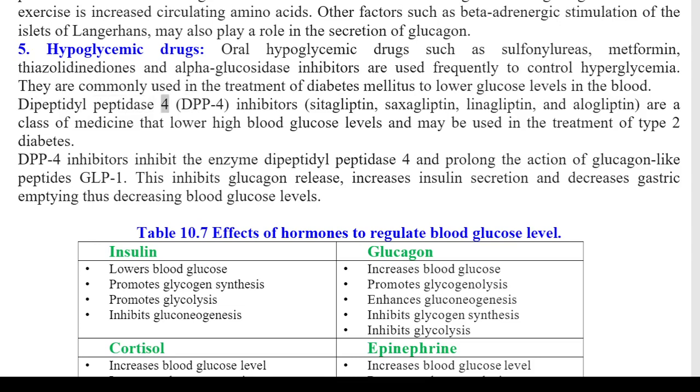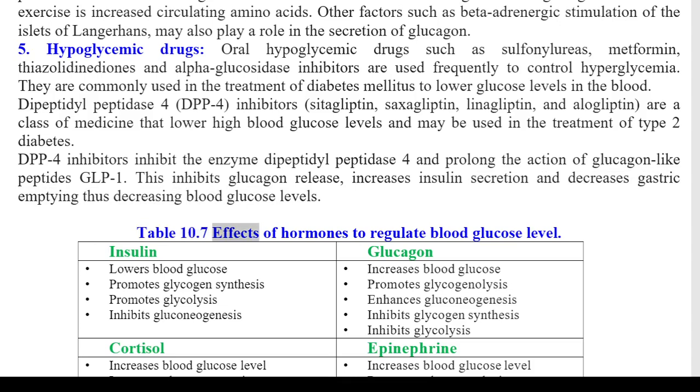Dipeptidyl peptidase 4, DPP4, inhibitors, sitagliptin, saxagliptin, linagliptin, and alogliptin, are a class of medicine that lower high blood glucose levels and may be used in the treatment of type 2 diabetes. DPP4 inhibitors inhibit the enzyme dipeptidyl peptidase 4 and prolong the action of glucagon-like peptide GLP-1. This inhibits glucagon release, increases insulin secretion and decreases gastric emptying, thus decreasing blood glucose levels.